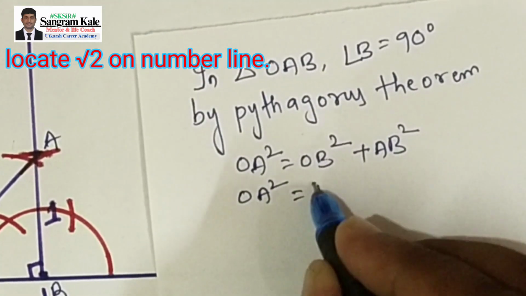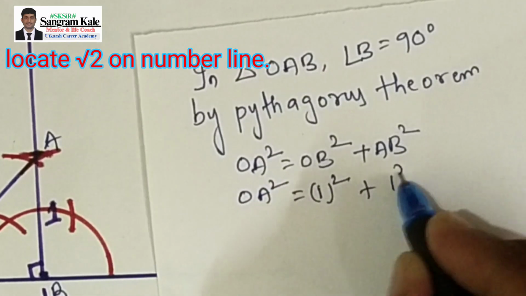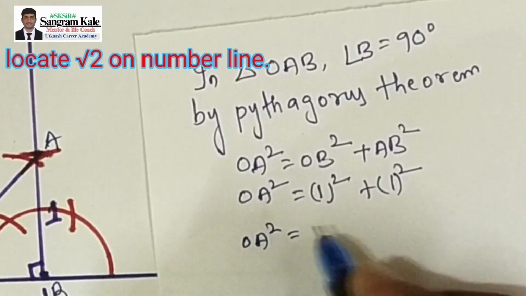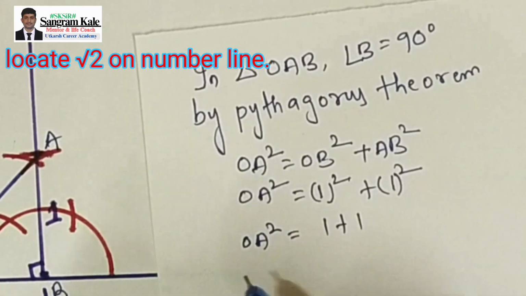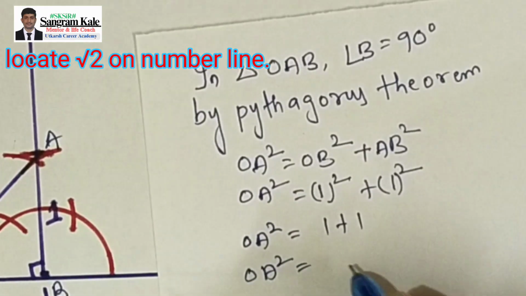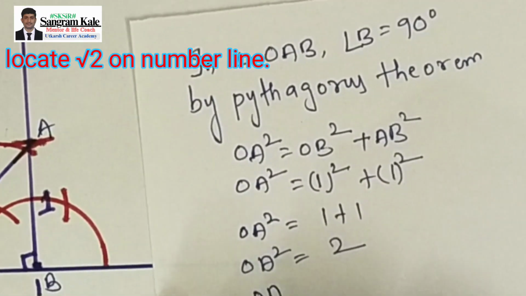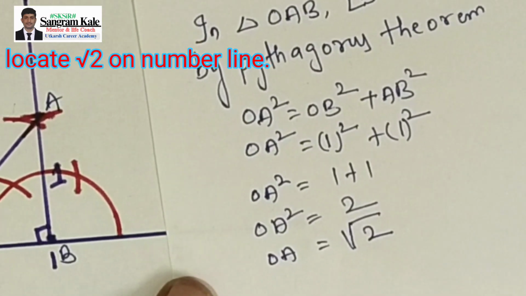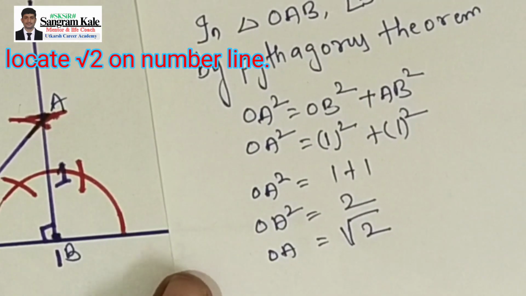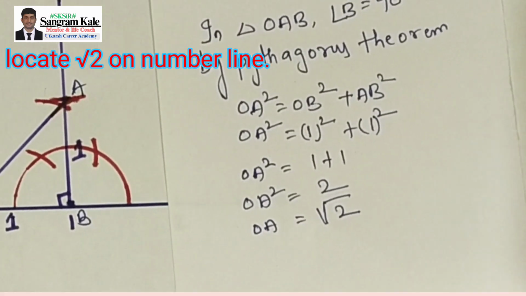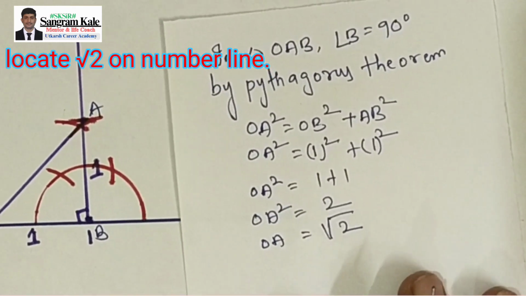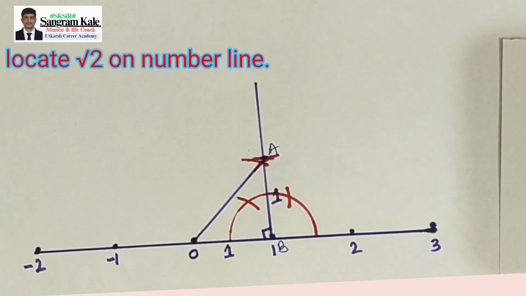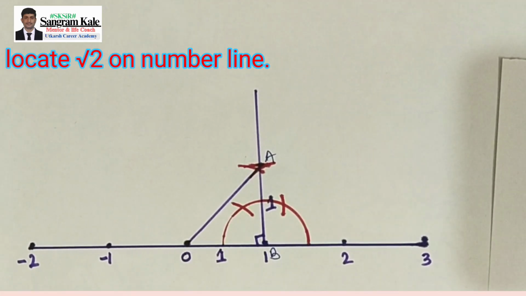OA square is equal to 1 square plus 1 square, so OA square is equal to 1 plus 1, which is 2. So this implies OA is equal to root 2. From the figure, OA distance is root 2.